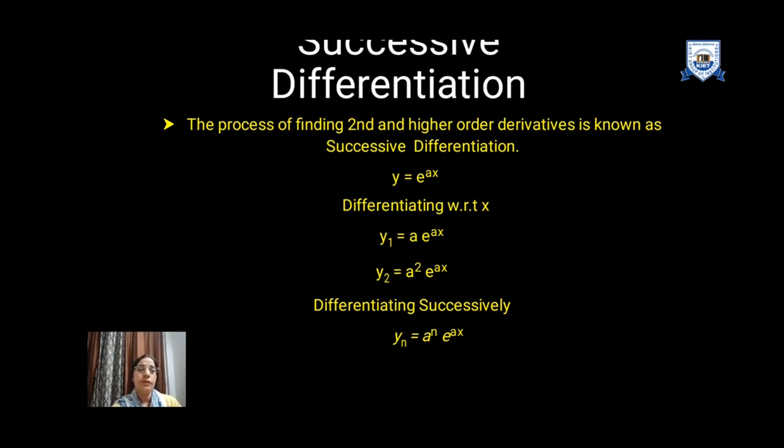Differentiating successively, the nth differential coefficient will be a to the power n e to the power ax. Now we will prove some standard formulae that will help you to solve difficult problems.